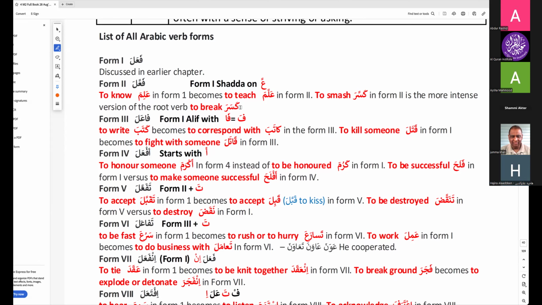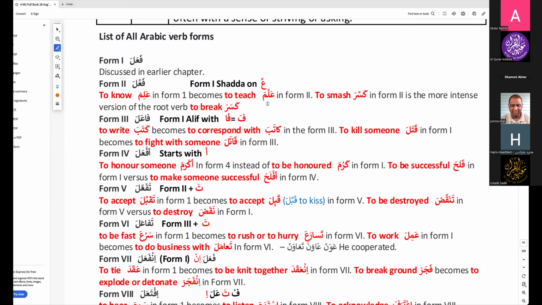Kasara is your normal trilateral verb. And if you add shadda on top of the sin here, what do you get? Kassara. The meaning changes. Before it was to break, kasara. Now, if you say kassara, it's to smash.